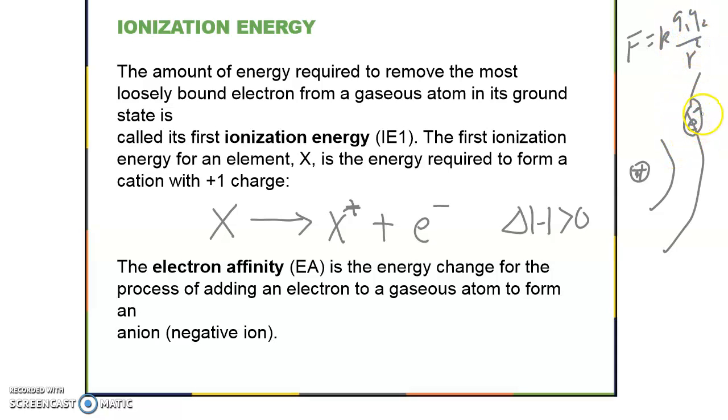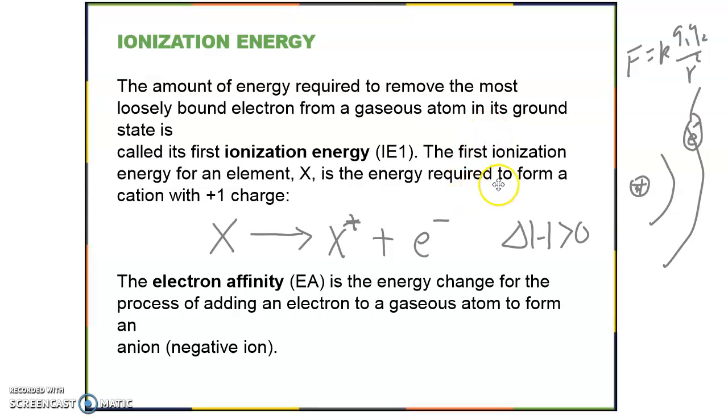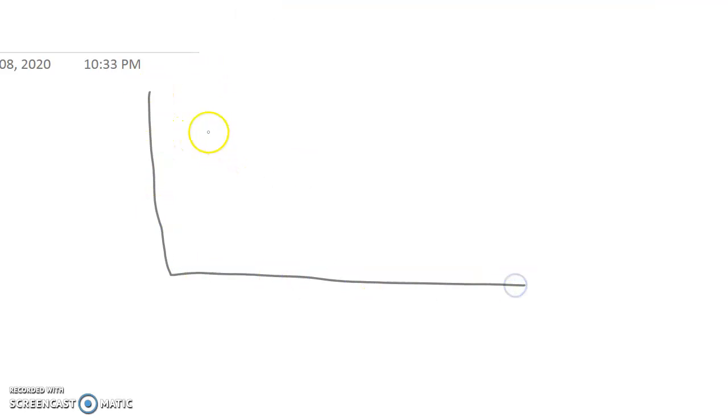So when R is bigger, it will be easier to remove that electron. And in general, if you go across the periodic table, it will be very easy to remove the electron from here, and therefore the ionization energy would be very small for the one over here.